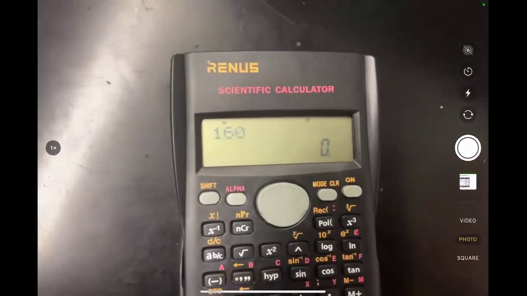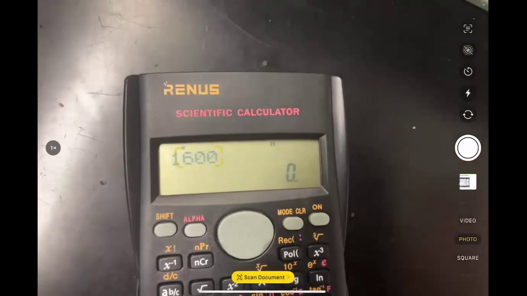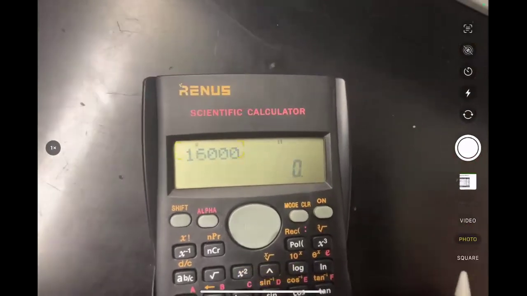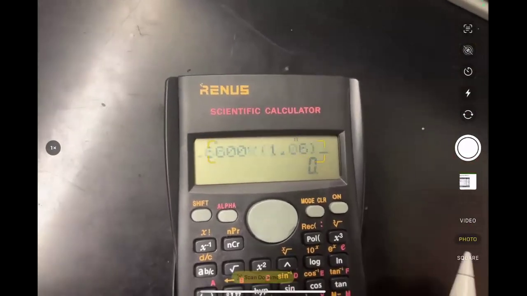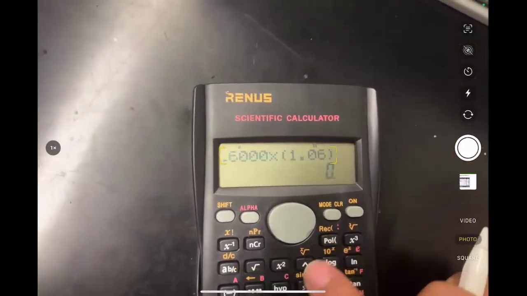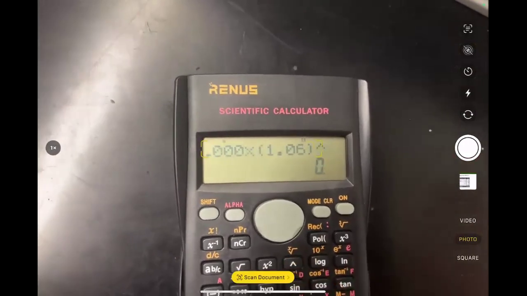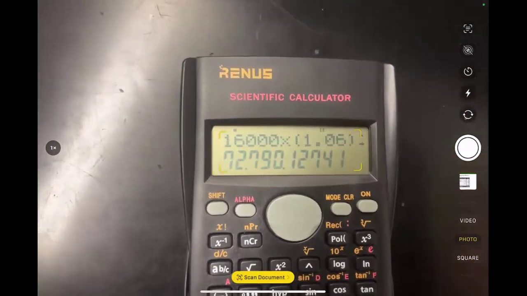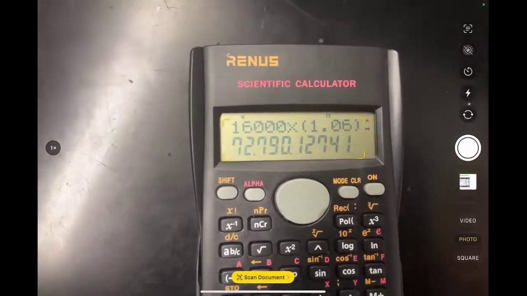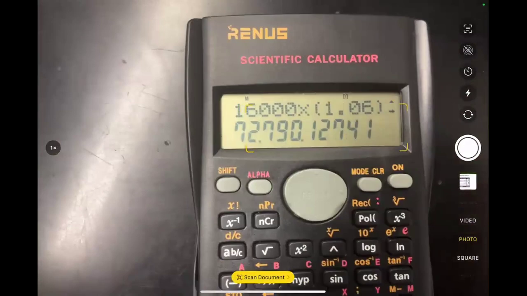So 16,000 times parentheses 1.06 parentheses and then to the power. So you gotta put the 26. So it'll be roughly 72,790.12.